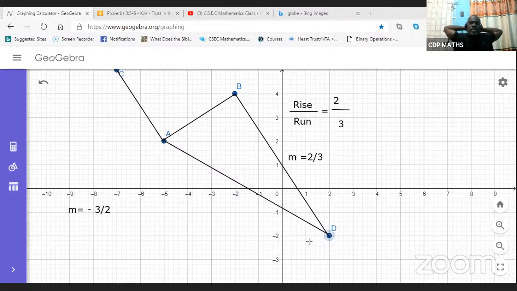D to B. Dog to bat. From dog to bat. D to B. All right. Final one. Audio better get it right.